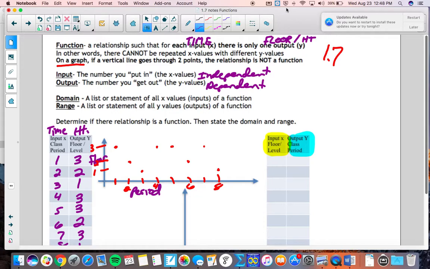Now, we're going to create something that's not going to be a function. For every x, there's supposed to be one y. Now I actually want you to put in the time for y. This is going to be goofed up, folks. So your class period is going to be your output, or your y value. So you go 1 through 8 over here now.